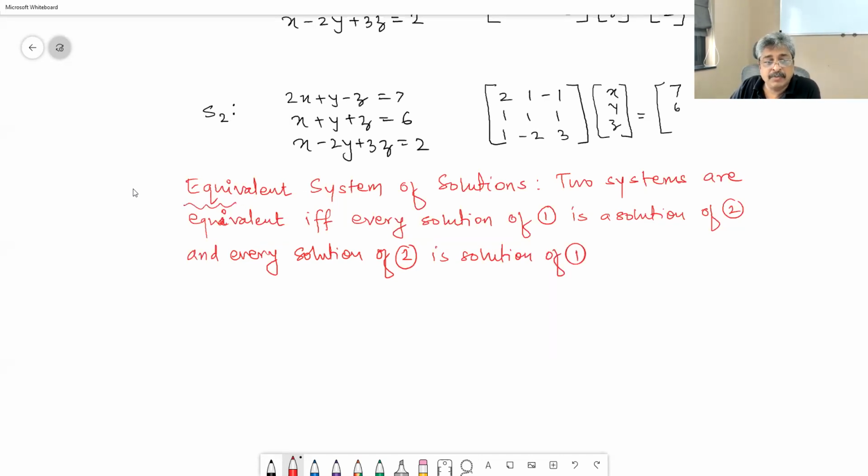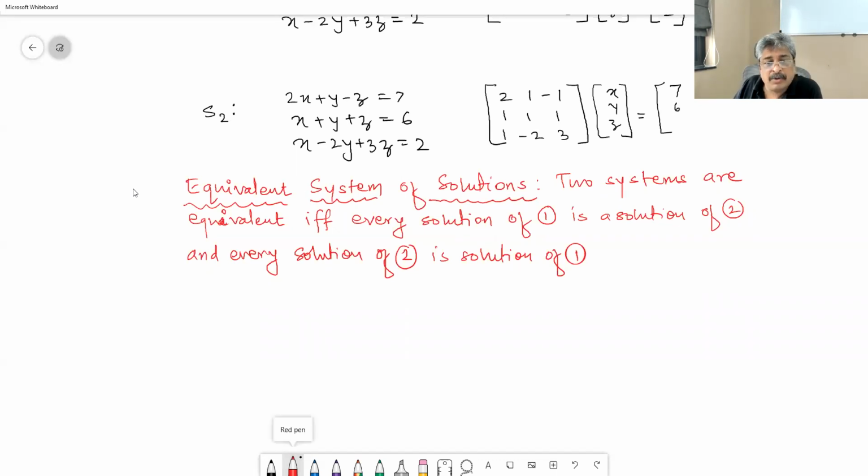In such a case we say the systems are equivalent. You can solve S1 or you can solve S2. It is okay. You will get the same solution set.